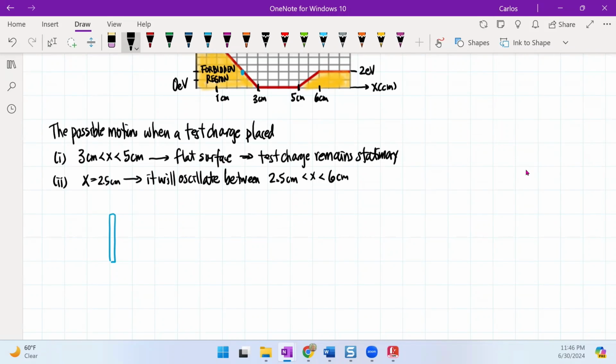So if I look at this point, and this is going to be the potential at 2.5 centimeters, then that value automatically gives me 2 electron volts. So if I just place it there, then I'm immediately going to say there is no kinetic energy at 2.5 centimeters.